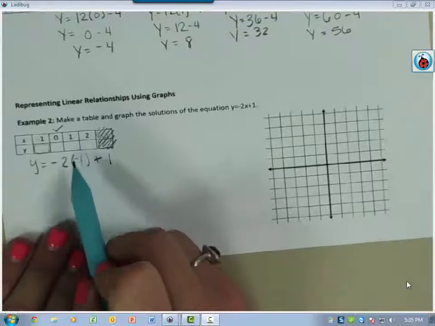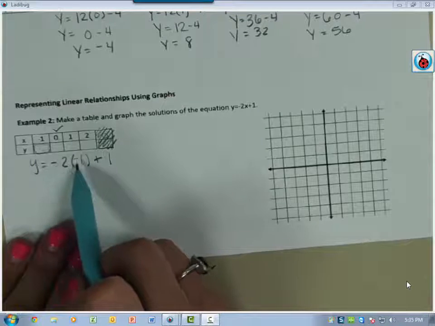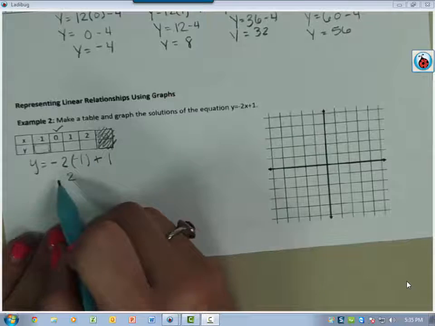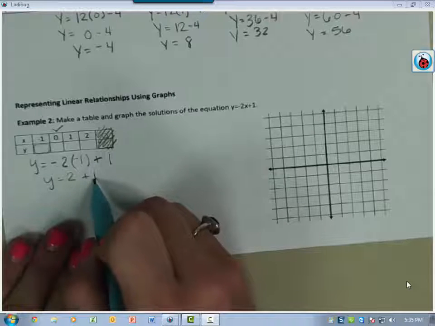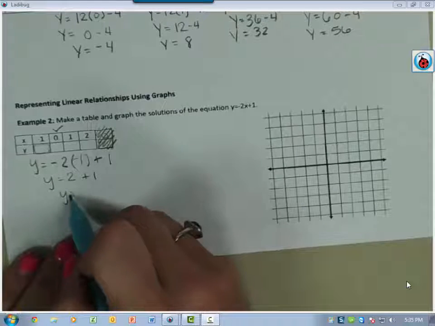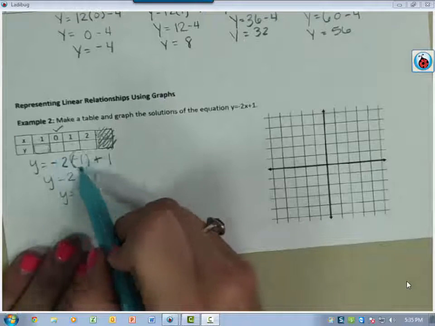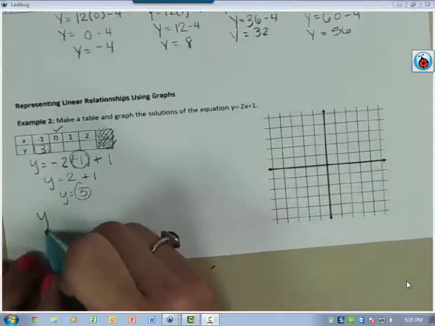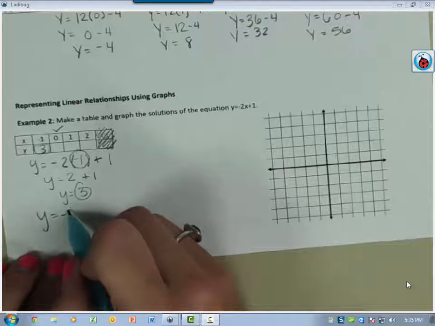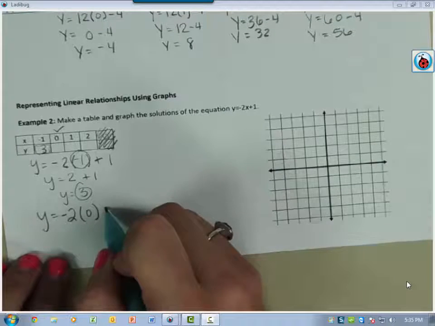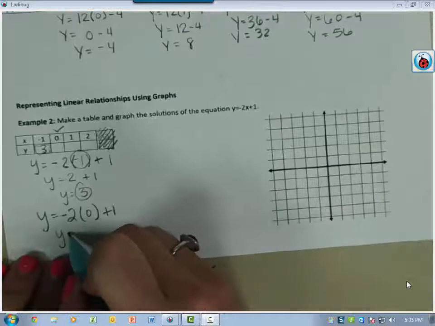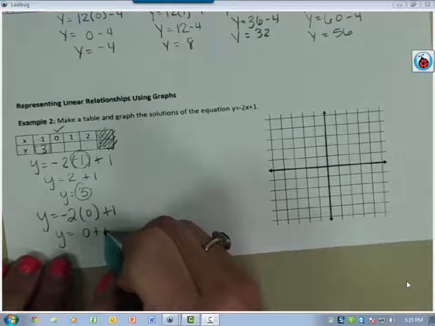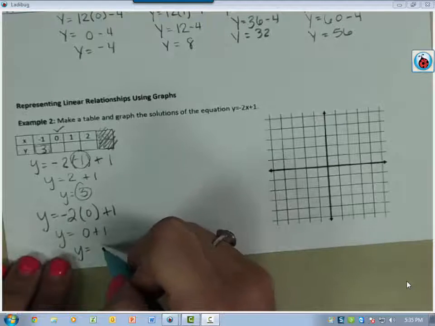Negative 2 times negative 1 is positive 2, plus 1, is y is equal to 3. So, when x is negative 1, y is 3. Alright? We'll figure out what 0 is. When x is 0, y is positive 1.